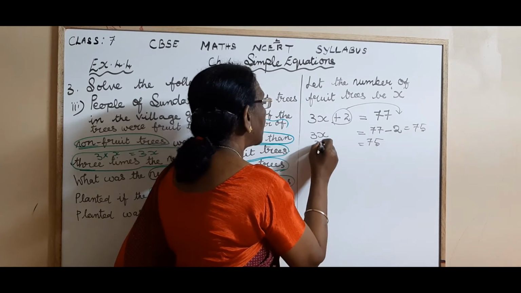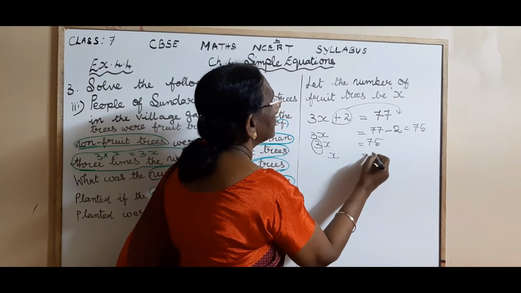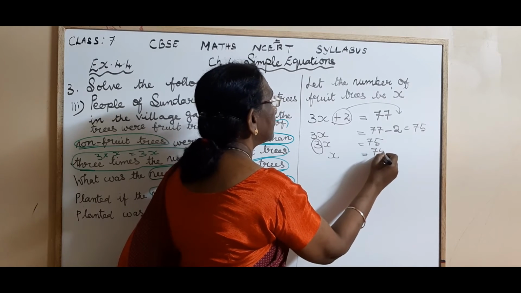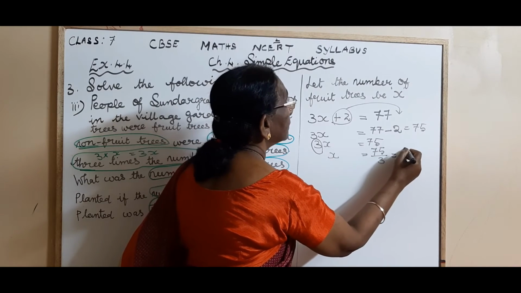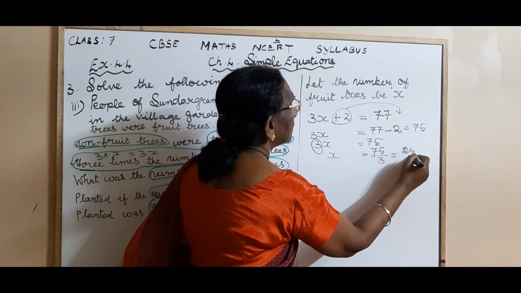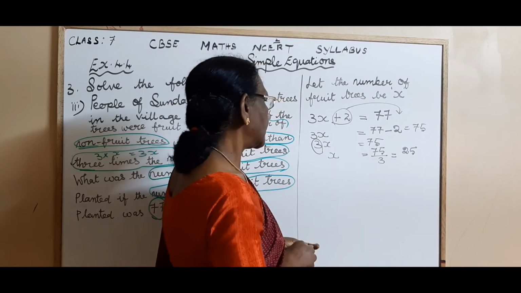Now we have to eliminate this 3. So x is equal to 75 by 3, that is equal to 25. Now shall we check whether our answer is correct or not?